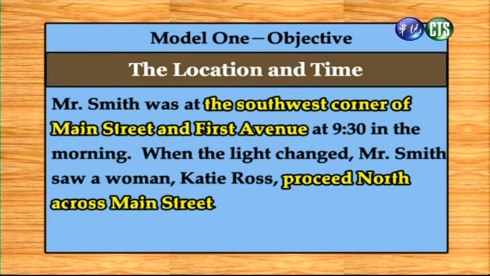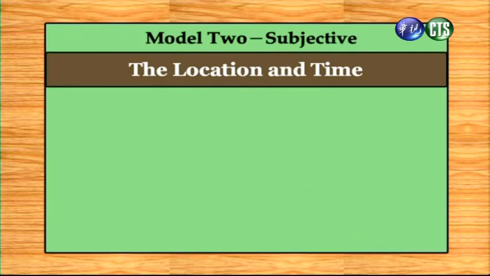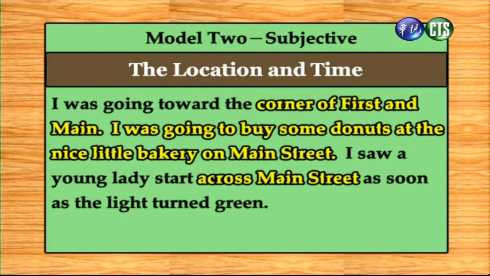As we go on a little bit later, we actually see the exact corner. We're on the southwest corner of First and Main now. And we even see the direction that the woman, the victim, was walking. Right now, as we go on to the subjective version, we see that the information is not clear, not nearly as clear.